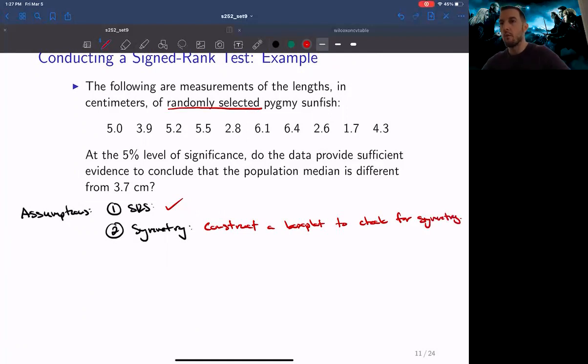Okay, so we're just looking for the values to be symmetric. We don't really have any evidence of it up the top, but if we just build a box plot of these 10 values, then we can easily check symmetry. I don't know if there's a formal hypothesis test for symmetry. Probably wouldn't be too hard to do, but a visualization will work just fine. And that's how we're going to teach it in the lab anyways.